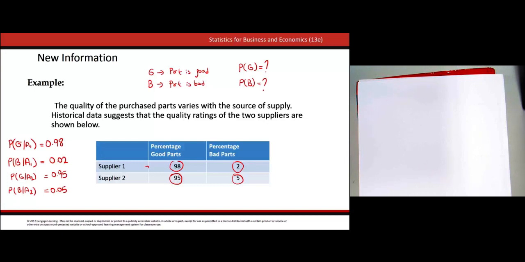So again, we have two suppliers. A1 denotes the event that the part is from supplier 1, A2 denotes the event that the part is from supplier 2, and we can have good parts and bad parts from each supplier.